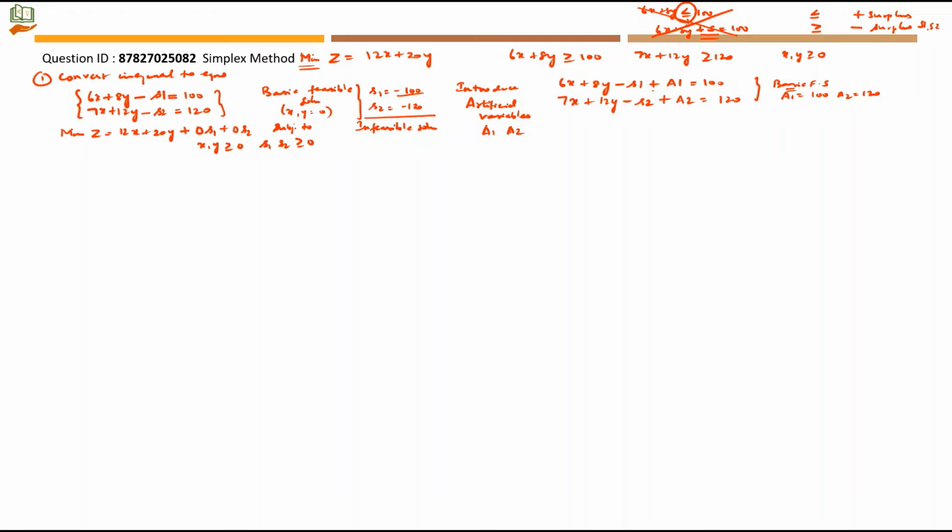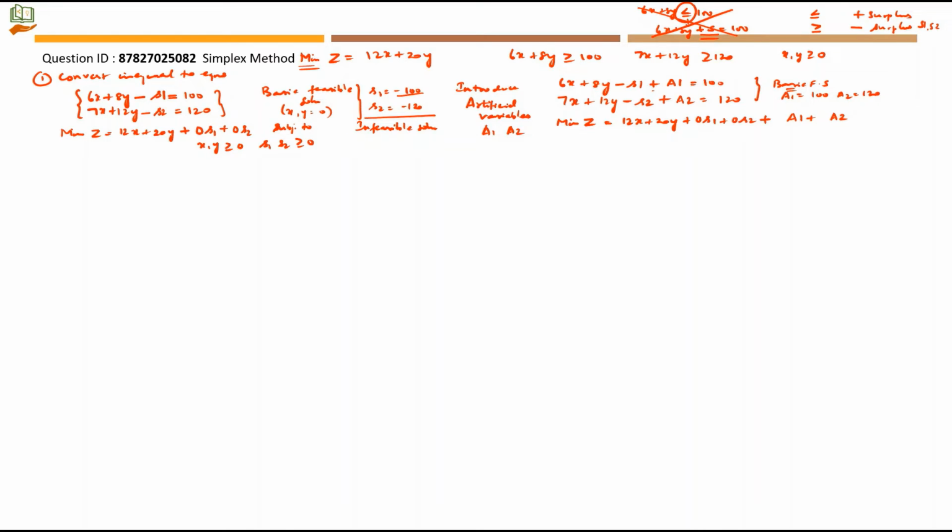Since we have introduced two artificial variables, now we have to insert them in the objective function, the minimization function. Minimize z is equal to 12x plus 20y. Already we have 0s1 plus 0s2. Now we have introduced two artificial variables also, so we are placing a1 and a2.